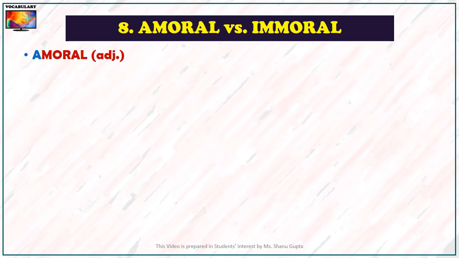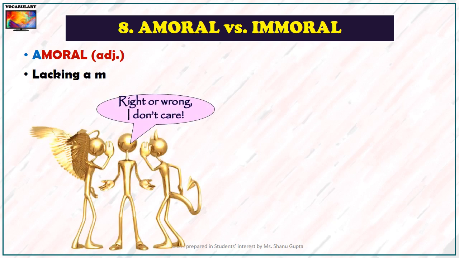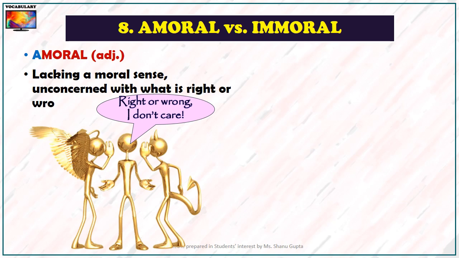The word amoral describes a person who is not bothered at all about what is right or wrong. A person who is amoral is totally unconcerned about what is right and wrong, and sometimes he or she lacks a moral sense altogether. Being amoral, I would say, is bad, but being immoral is even worse.